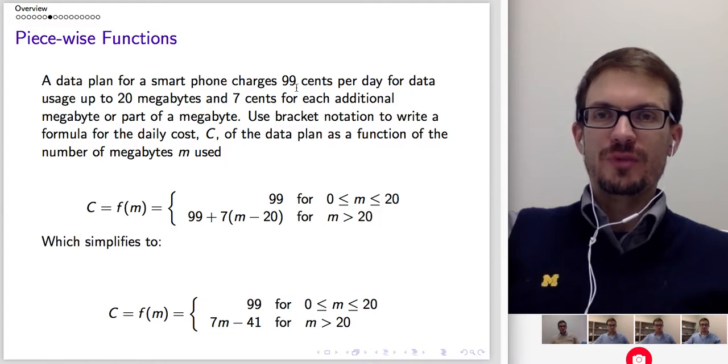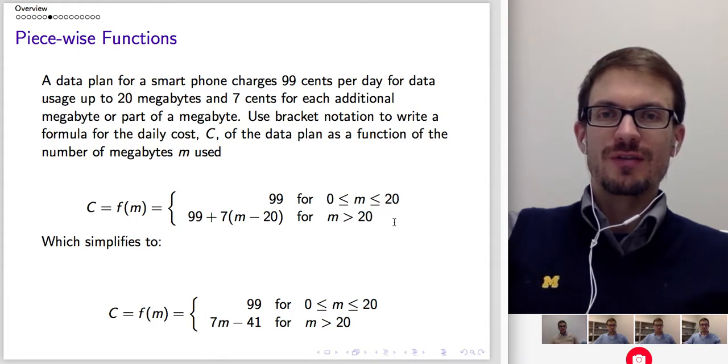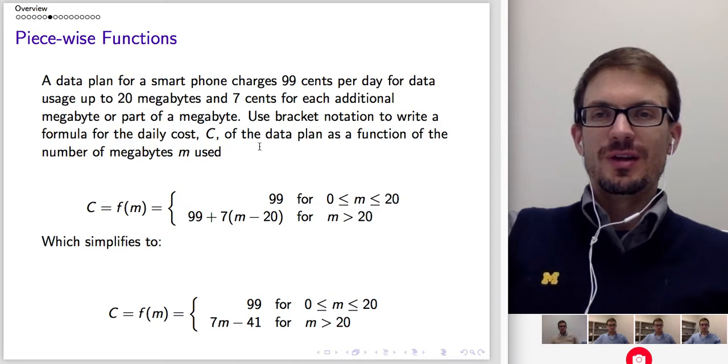The data plan for the smartphone charges 99 cents per day up to 20 megabytes. This tells us we're going to be at a flat rate of 99 cents per day as long as our usage of megabytes is less than or equal to 20. We're going to start with 0, go all the way up to 20, and beyond 20, they have a different pricing scheme. Now it's 7 cents for each additional megabyte or part of a megabyte.